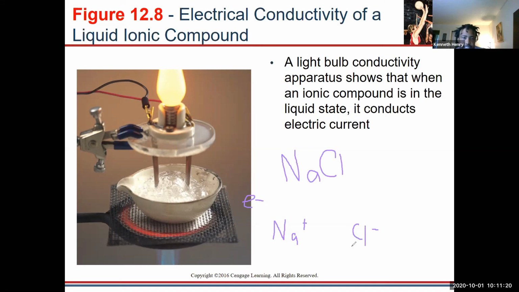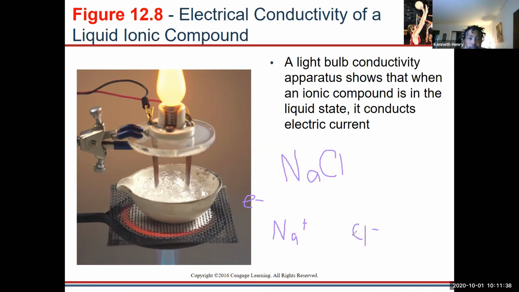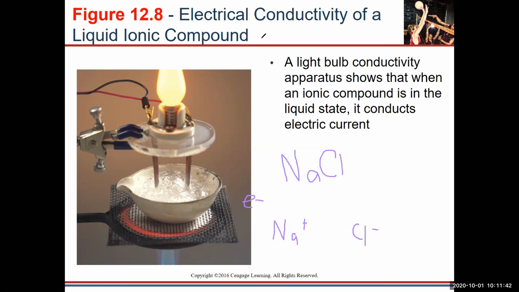But then this guy has a negative charge, so it carries on that negative charge, and then that interacts with the next sodium. And then you're just getting a carry on with charges, right? And that allows the electricity to flow. That electron is being carried on using the charges of that chloride. Okay. All right. That's a little bit easier to follow.